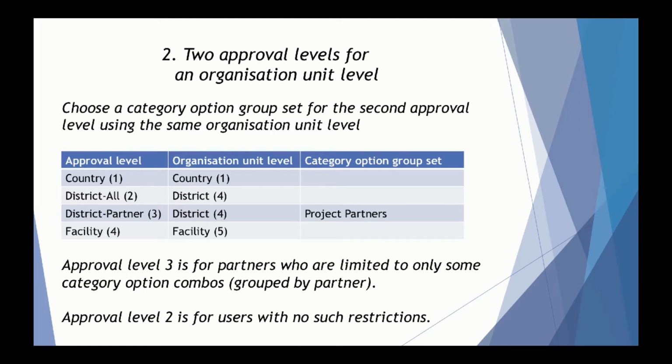And again, you can use sharing to share the category option combo used as an attribute option combo for a partner. You can share that with that partner's users and not with the other partner's users. So you can already say, okay, this partner only gets to approve this partner's data, that partner only gets to approve that partner's data at the facility level. And you can say the same at the district level.